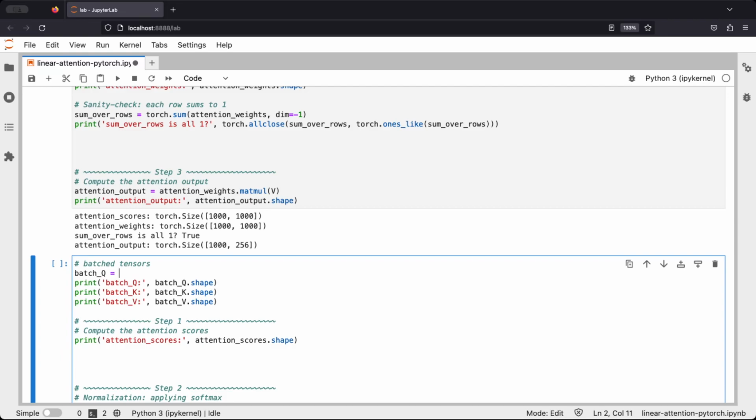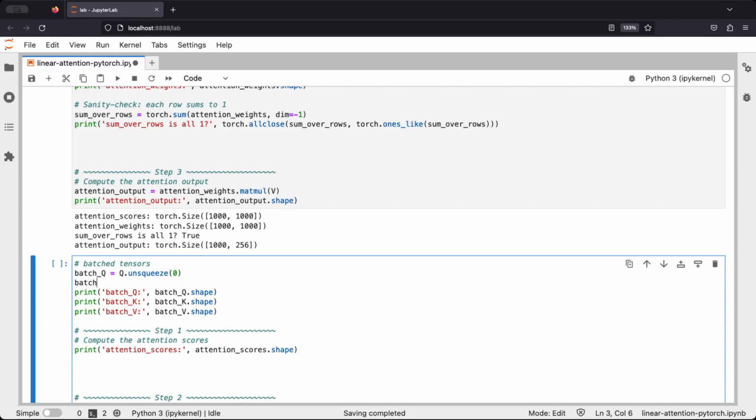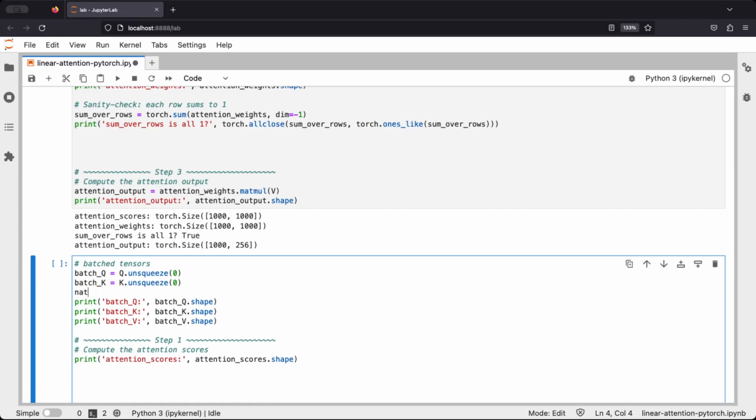To do that, we use q.unsqueeze, and we add one dimension from the left. So that is batch q. We also build batch k, and batch v.